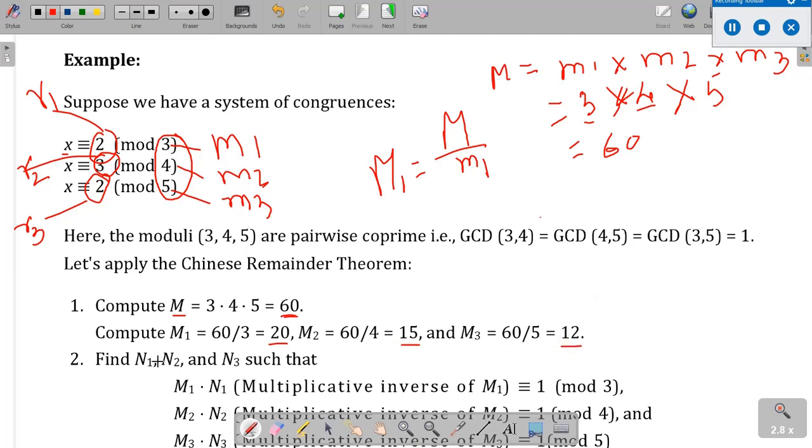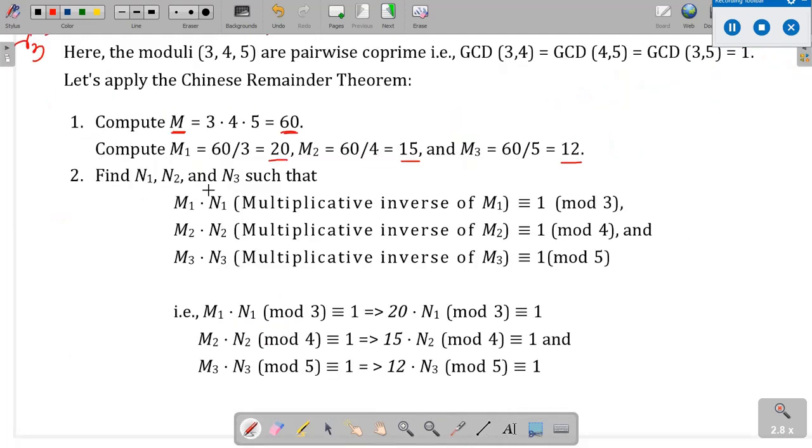So we have now got the m, m1, m2 and m3, and r1 r2 r3 is given in the problem. So we move to the next step, find n1 n2 n3.